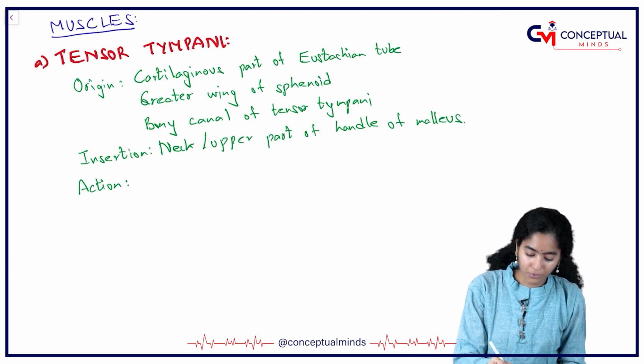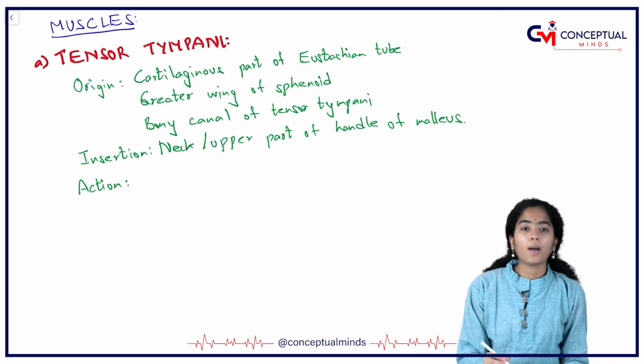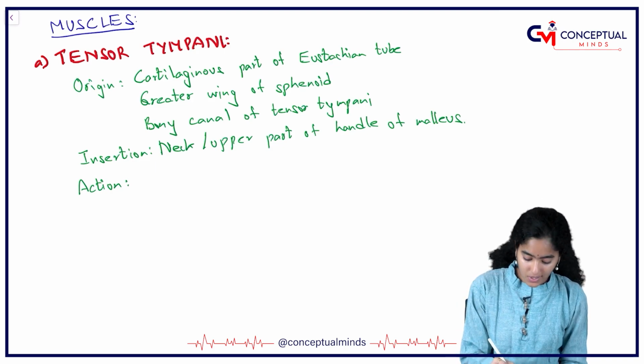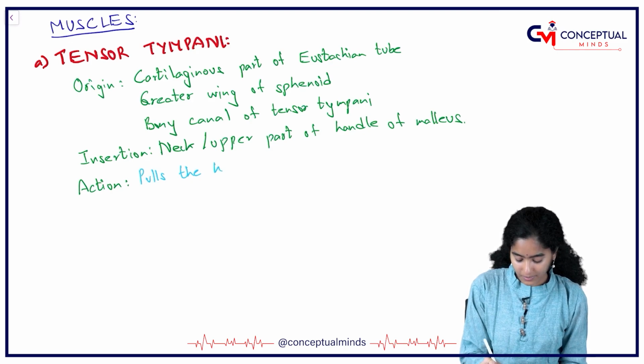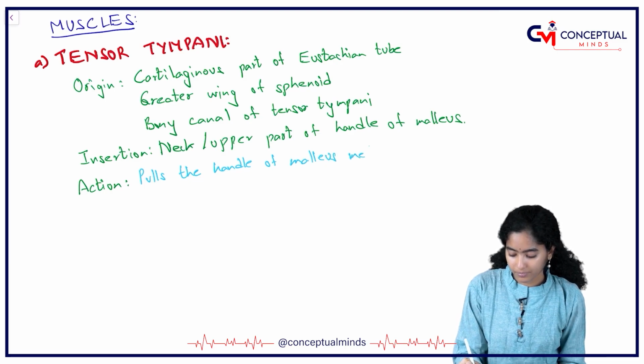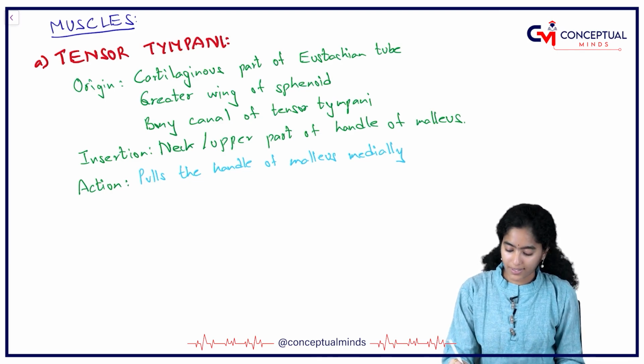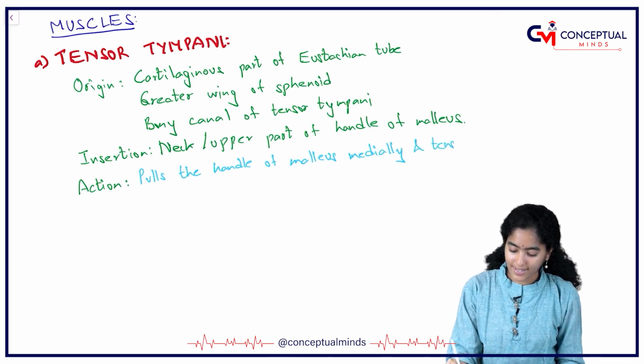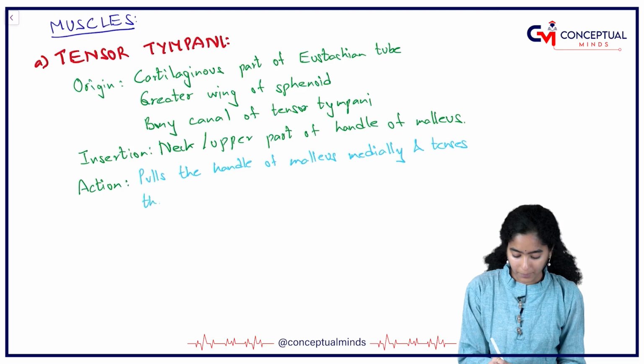And how is it performing that function? By pulling the handle of malleus. In which direction is it pulling? Medially. It pulls the handle of malleus medially and tenses the tympanic membrane.